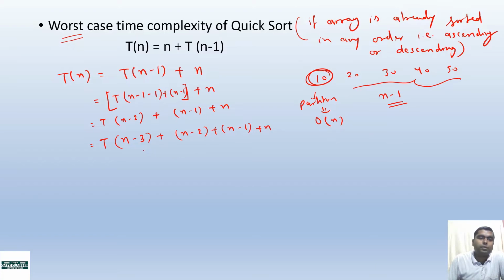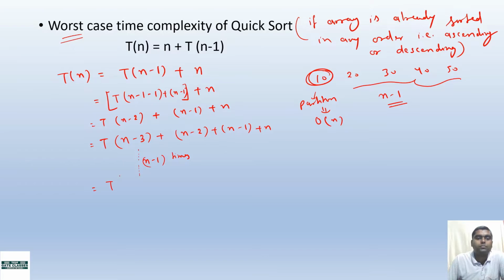So if you repeat this, how many times? We need 1 here. So how many times do we have to repeat to reach 1? n minus 1 times. So this will repeat n minus 1 times. Why am I saying n minus 1 times? Because if you put n minus 1 here, the value will be 1.